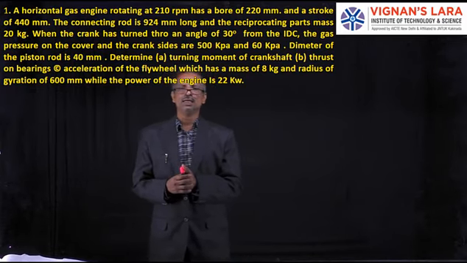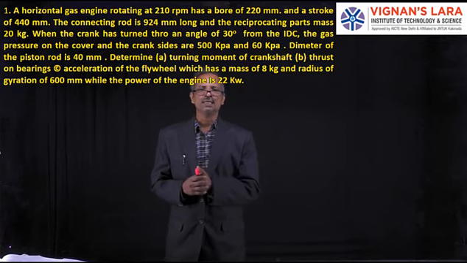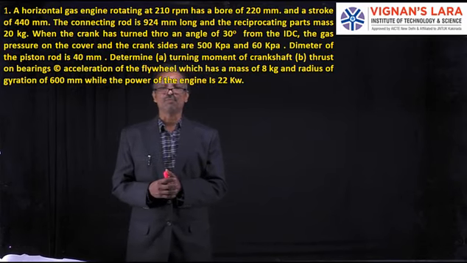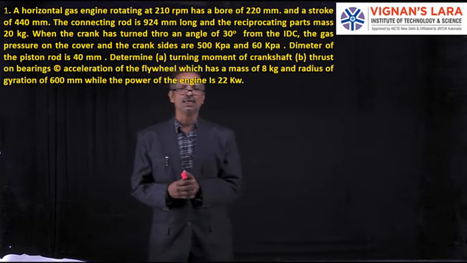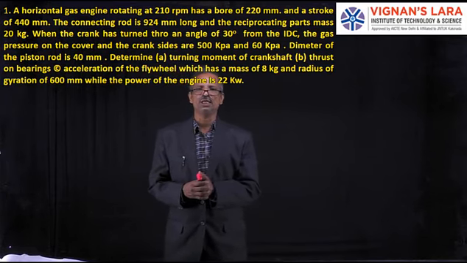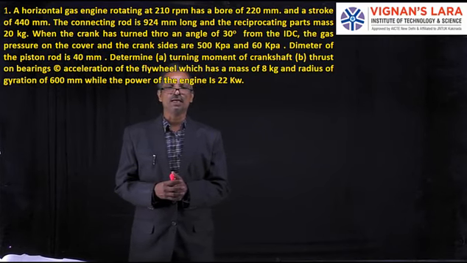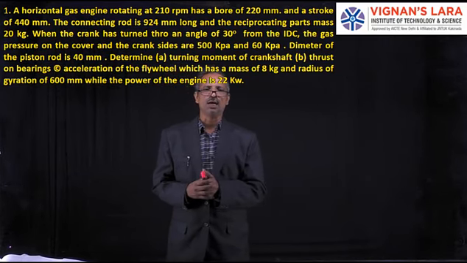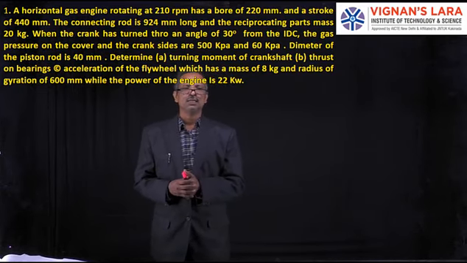A horizontal gas engine rotating at 210 rpm has a bore of 220 mm and a stroke of 440 mm. The connecting rod is 924 mm long and the reciprocating parts' mass is 20 kg. When the crank has turned through an angle of 30 degrees from the inner dead center, the gas pressures on the cover and the crank sides are 500 kilopascal and 60 kilopascal.